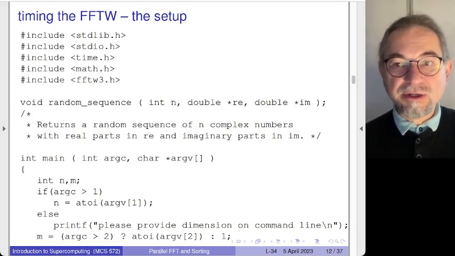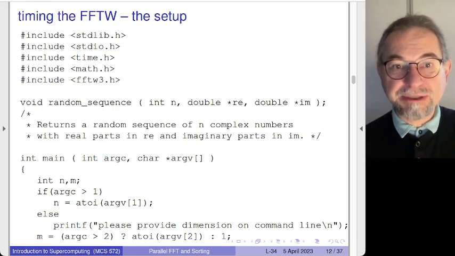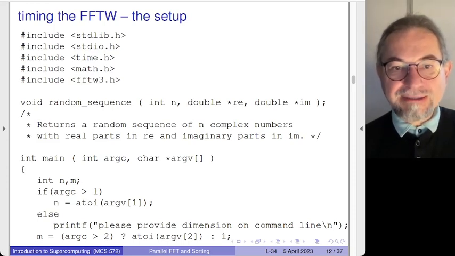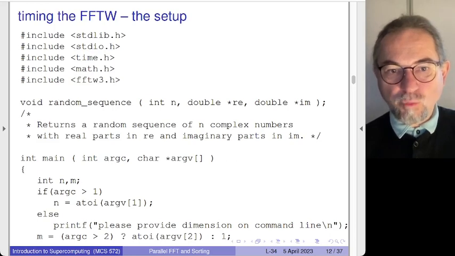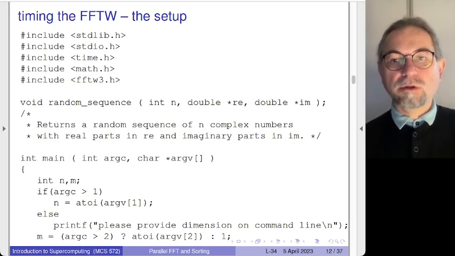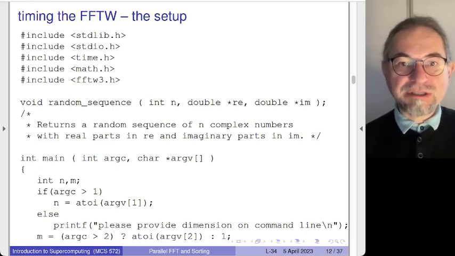Okay, let's do the shared memory implementation. We have enabled OpenMP. In order to test the speedup, I will allow the user to specify the dimensions. So here you see that the argument at position 1 has the dimension, and then there is a second argument that will indicate the frequency of the run.